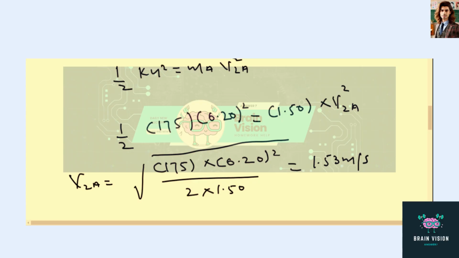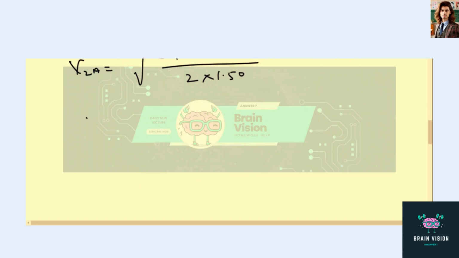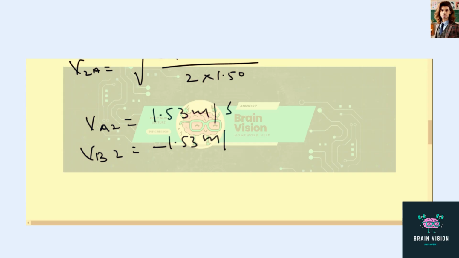So we have VA2 is equal to 1.53 meter per second, and VB2 is equal to minus 1.53 meter per second.